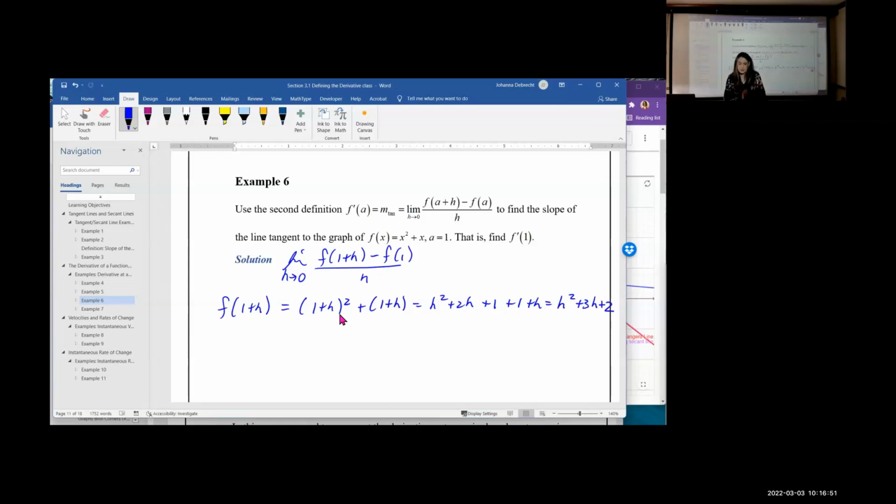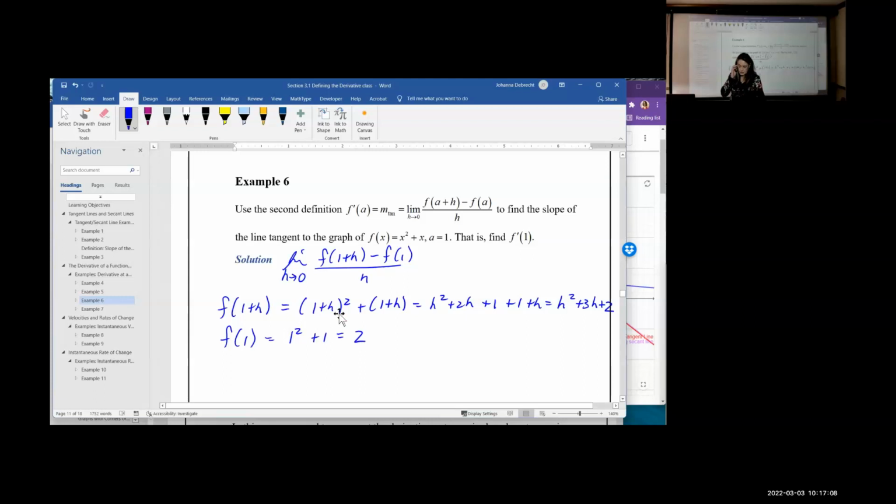That's what I got. Okay, and then plug in 1. So I have 1 squared plus 1, which gives me 2.